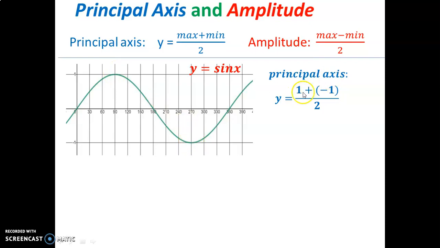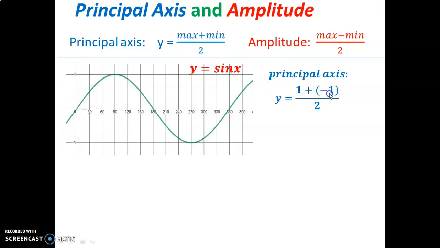So we take 1 plus -1, max plus min, and divide by 2. It's always divided by 2. It's kind of like finding the average. When you add two numbers and divide by 2, that's finding the average, and that's what we're doing. The principal axis is the average. It's saying what's exactly in the middle of the max and the min. So if the max is here and the min here, what's the middle of that?